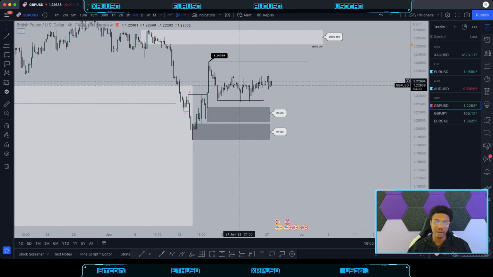But we really didn't get much of a reaction. So what I'm thinking is these are just going to be relatively equal lows, and we could see price continue to move to the downside a little more, right? However, we could just push to the upside, leave this as resting liquidity, tap into this region here, and then sweep all of this liquidity after we get sell. So we just have to see what happens.